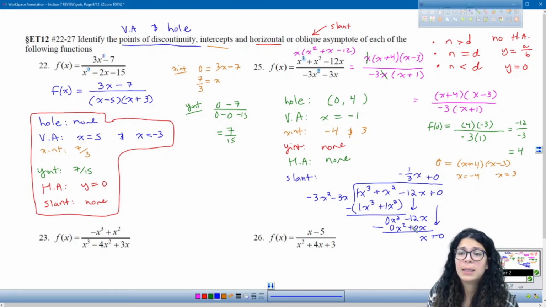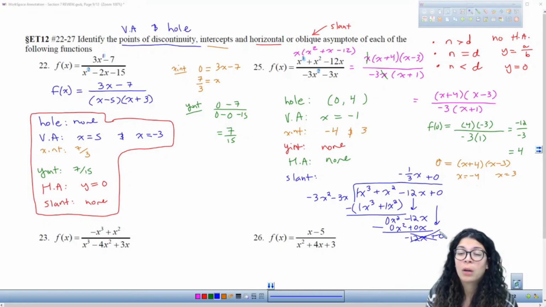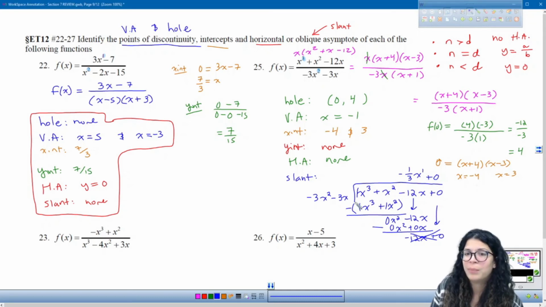And when you end up subtracting and getting the remainder, remember that you disregard the remainder. So I don't need to continue with the slant. With the division, you only have to go as far as your linear term and your constant term. Because remember, the slant is going to be a line.